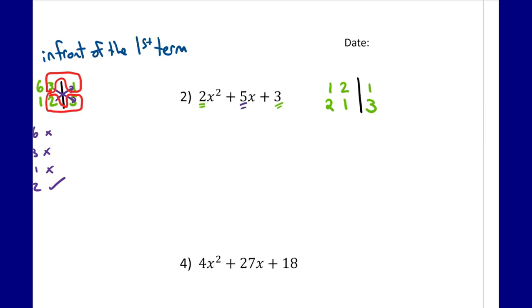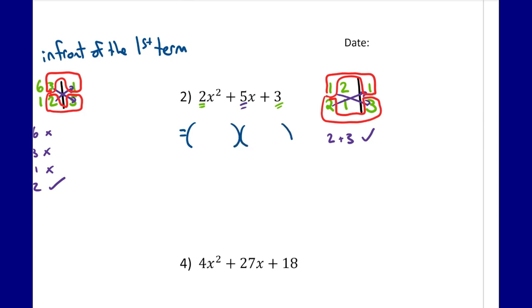Now we're going to cross multiply these numbers and see, when we add them, do we get that middle number? So 1 times 3, and 2 times 1. 2 times 1 is 2, plus 3 times 1 is 3. That does work. That does give us 5. So we didn't have to do too much here. These numbers are a pair, and these numbers are a pair in our brackets.